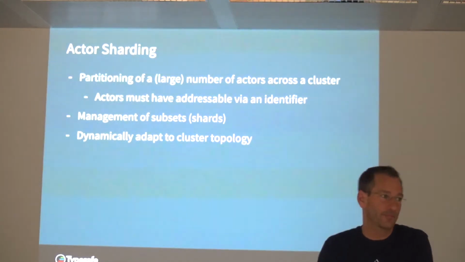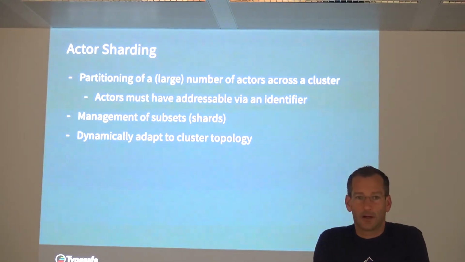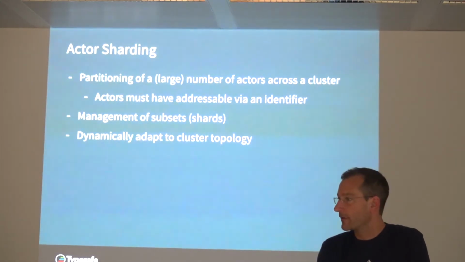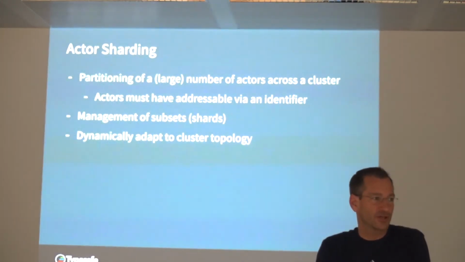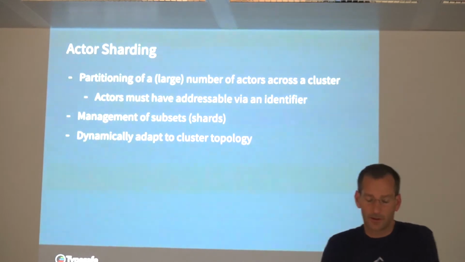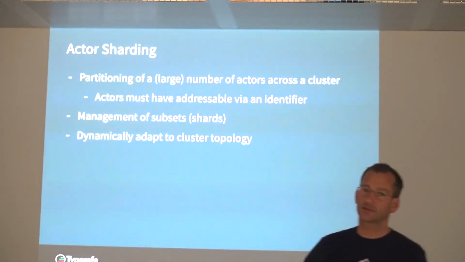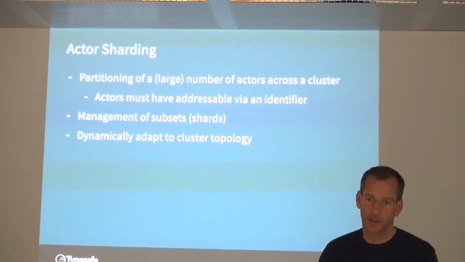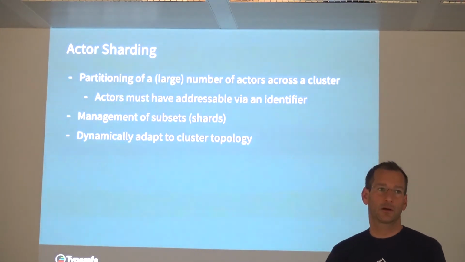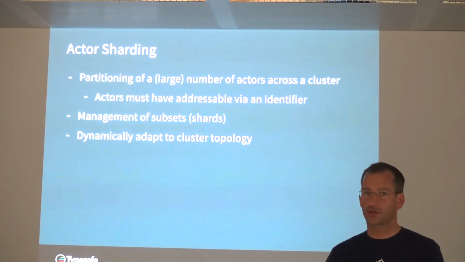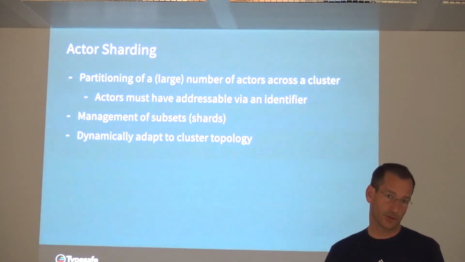Then you fire up a second node, make it a member of the cluster, and eventually sharding will move a couple of shards over there. There's reallocation strategies you can configure, but it will react. And of course, if it detects that a node went down, it will then recreate those shards on existing nodes.